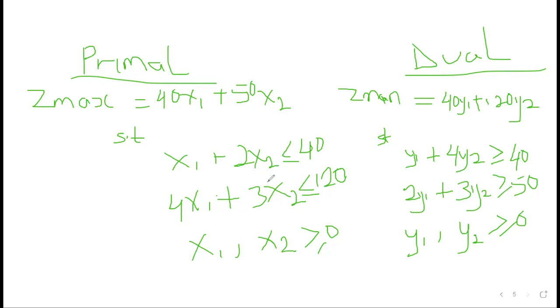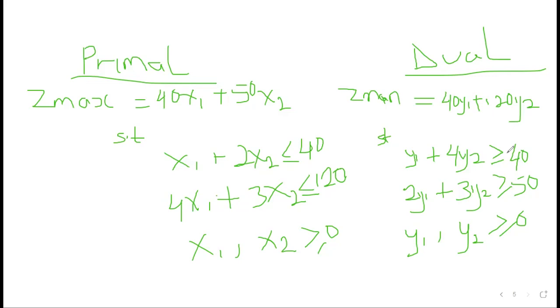I'm glad you are all able to convert from the primal to the dual. So this is very basic. Once you get it converted into the dual, for instance, if you are given the problem in minimization, please don't forget the first thing: if you are asked to use the simplex method to solve, the first thing you change it to the dual. That is, you change it into a maximization problem.